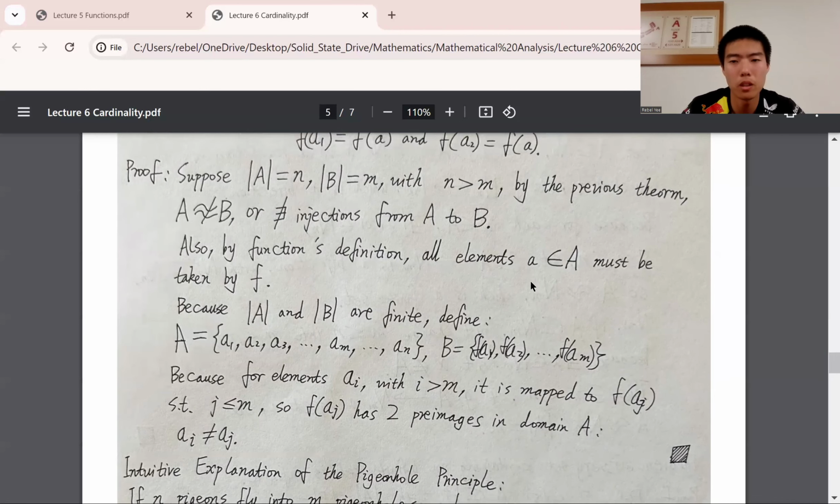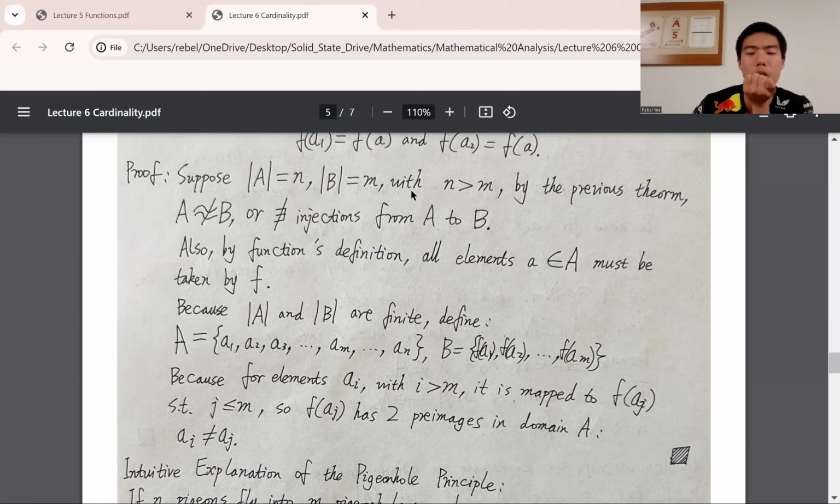As for the proving process, I think you can understand it easily by yourself. It uses the previous theorem: if A doesn't have the same cardinality as B, then there's no injection from A to B. With this fact, we can find that every element a belonging to set A must be taken by the function f.